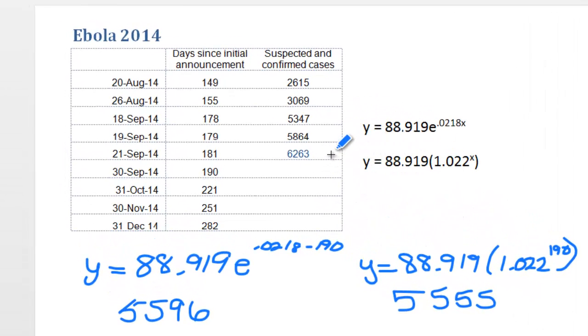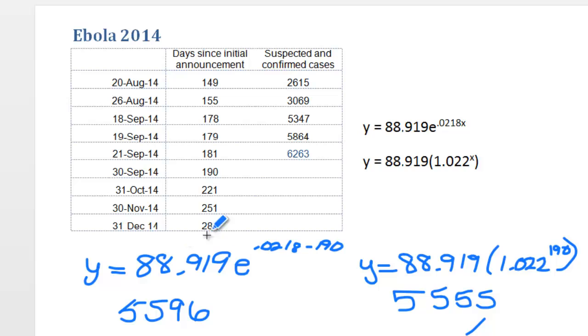Since the last video was recorded, there was an update that there were an estimated 6,262 cases on September 21st. So we can see that our models are not doing as well at predicting the number of cases as we potentially would like.